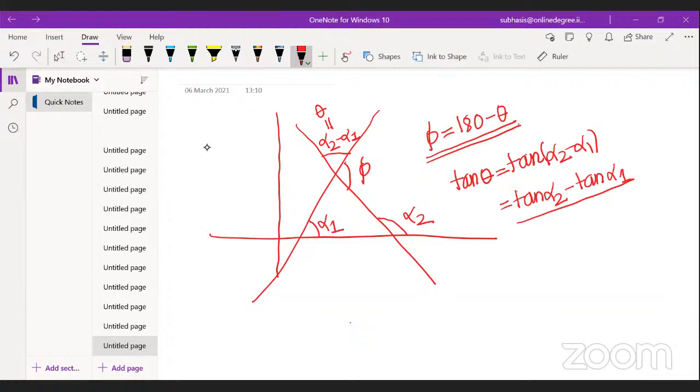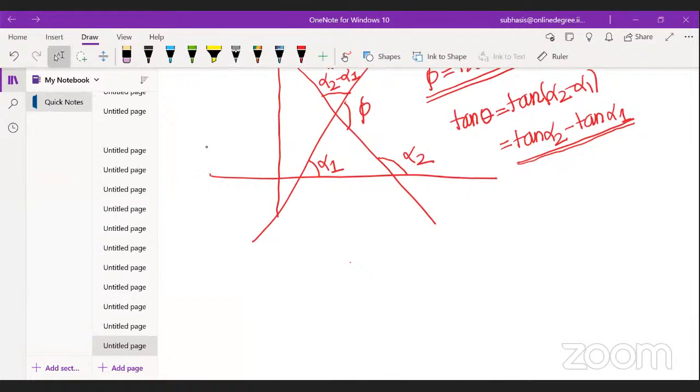Sir, actually, I don't remember. I'm a little bit confused. Let me write the formula first: 1 plus tan alpha 2 into tan alpha 1. Is it correct?